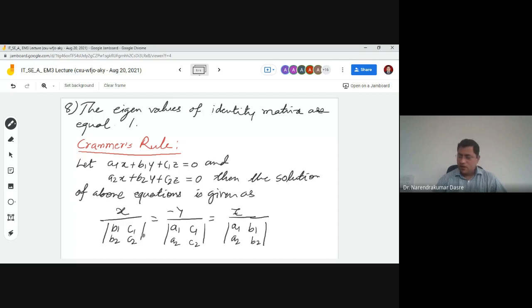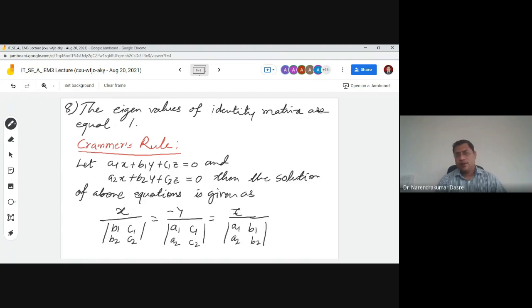Here we are restricting ourselves to 2 by 2 and 3 by 3 matrices, so we'll be in three dimensions at the most, and we are able to find the intersection of two planes passing through the origin. Because we have restricted that all the planes pass through the origin, we need to know Cramer's rule.